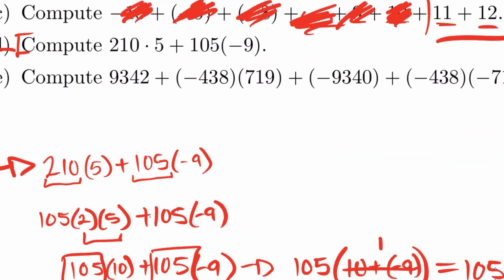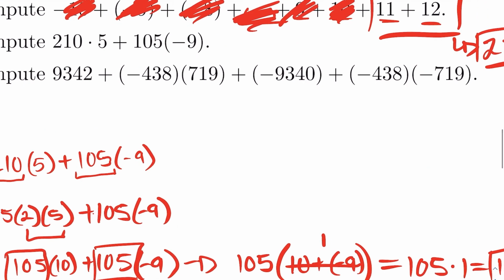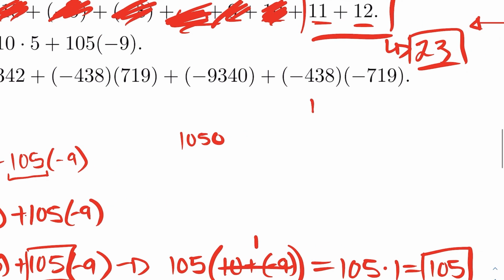Of course, you could have done it the way where you do 210 times 5, and in that case you would get 1,050. And then you do 105 times 9, and you'll make it negative at the end.